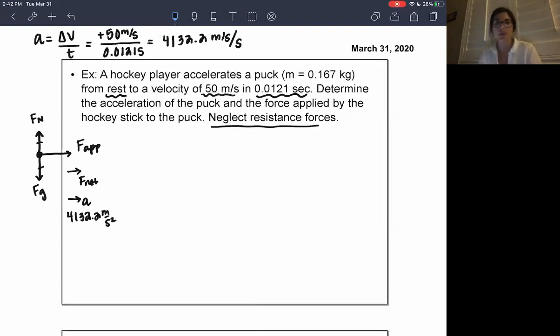Now, I don't know what my net force was, but I can solve for that by using my second law equation, because I do know that my mass is 0.167 kilograms. So if I know my mass and I know my acceleration, I can find my net force. And based off of the diagram that I've drawn, my applied force is my net force because it's not being balanced out by anything else.